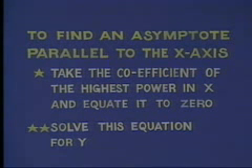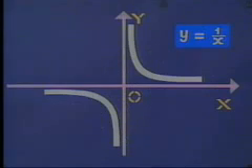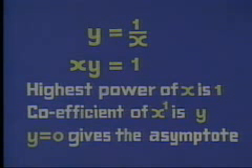The solution then gives us the asymptotes parallel to the x-axis. For example, take the curve y equal to 1 by x. We can also write this as xy equal to 1. The highest power of x here is 1, and the coefficient of x raised to 1 is y. So y equal to 0 gives us the asymptote of this curve, which is parallel to the x-axis.